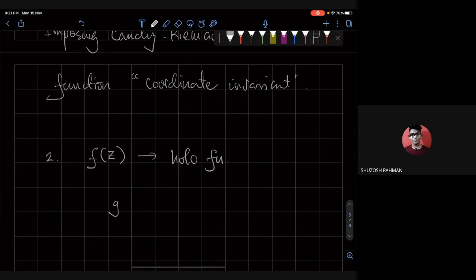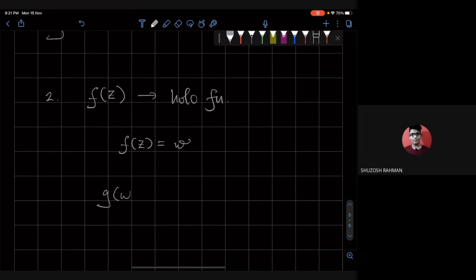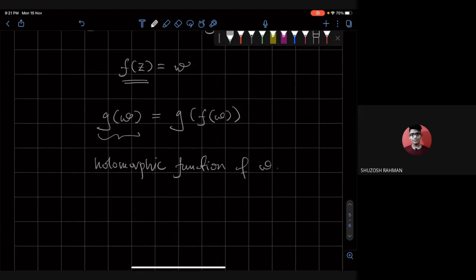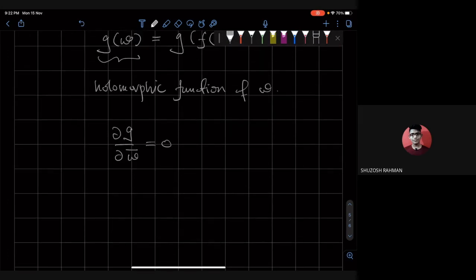If you define f of z to be w, then any function g of f is a holomorphic function, because if I take the derivative of g with respect to w bar, it's 0 by definition. So it's very easy to create holomorphic functions if you're given one.